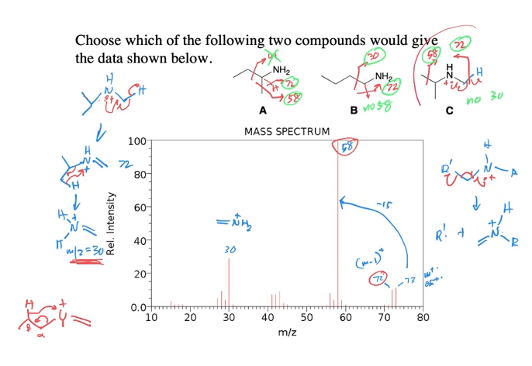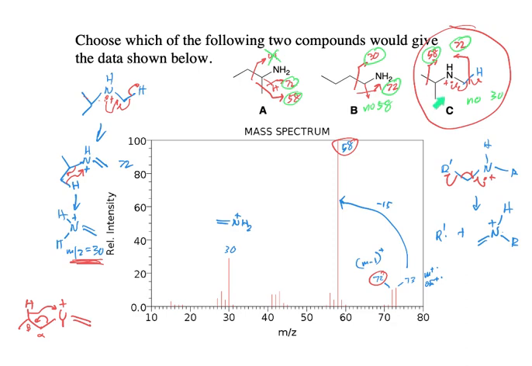So C should be the correct one. How can we assign the base peak? Well, the base peak is generated by this alpha cleavage here, right? So this electron comes down here, and we lose a methyl group. We can either lose this methyl group or this methyl group.